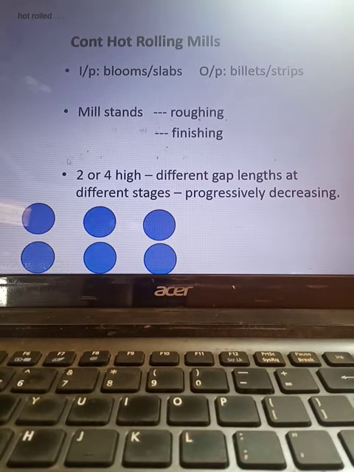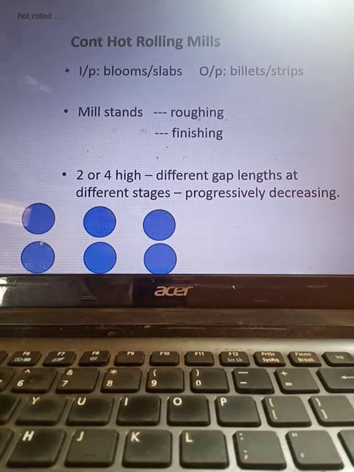How does the process go on here? In the earlier case we saw only one stand, whereas here there will be multiple stands. You can see this is one stand, second stand, third stand, and whatever input we give, the bloom or the slab, it is passed here, and then it is passed through this, then through this continuously. There is no reverse movement here.